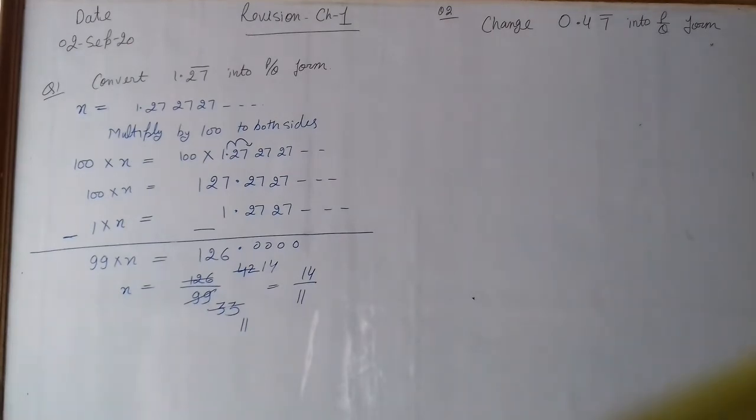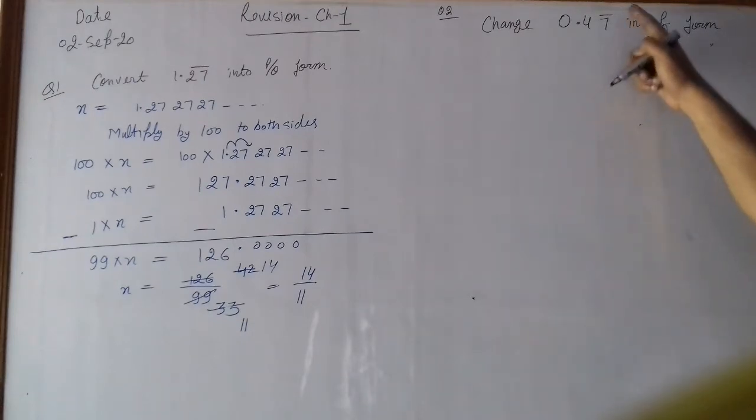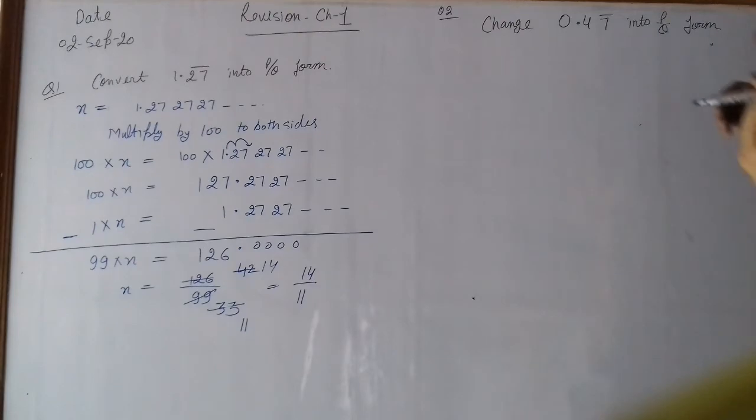Okay. Now see one more example. Change 0.47 bar into p upon q form. First you have to see the difference between this question and the previous question.